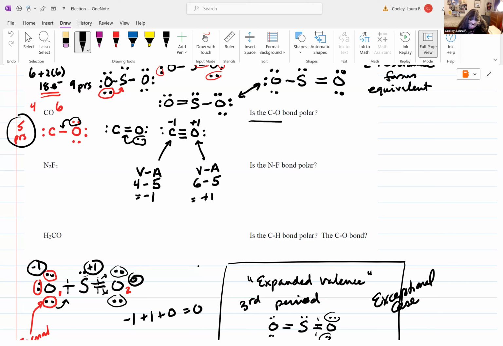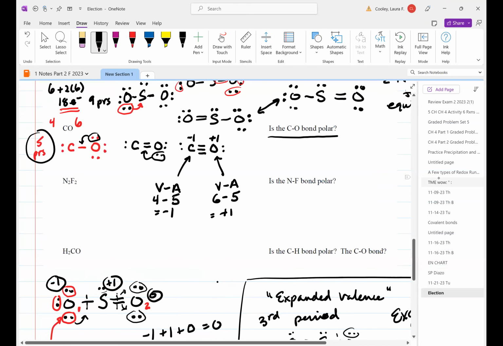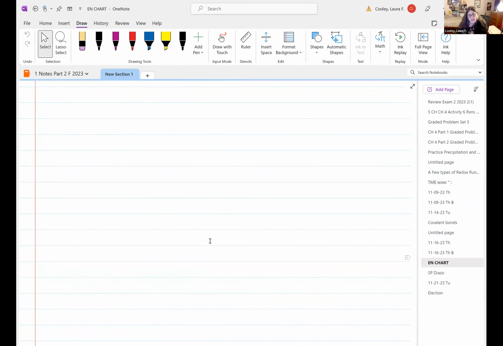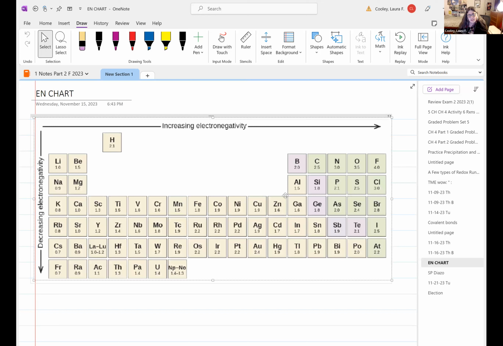Is the CO bond polar? Now, how do you figure that out? What do you need to do that? The electronegativity numbers. Yeah. Here it is. Okay.